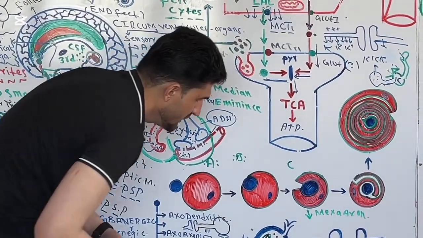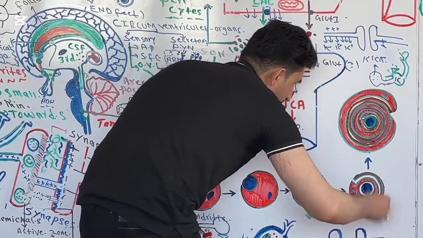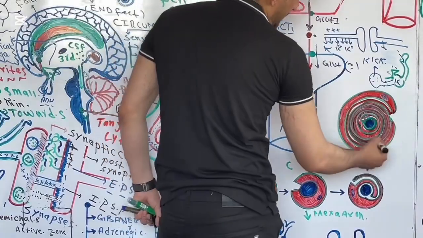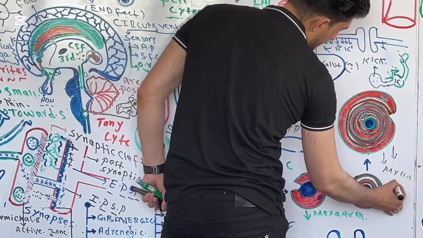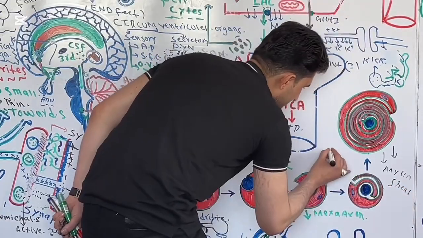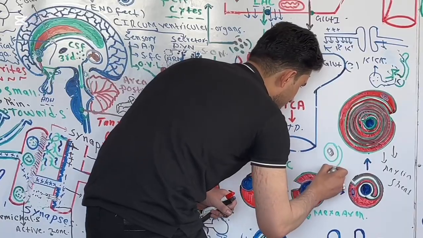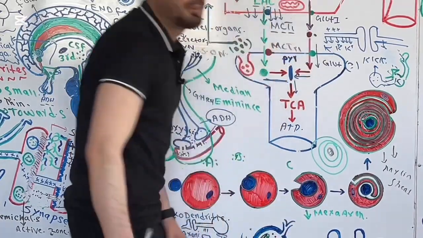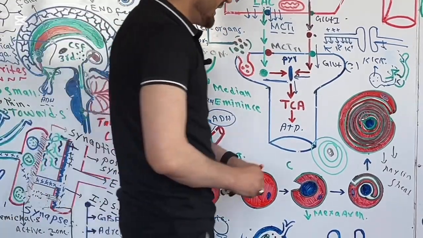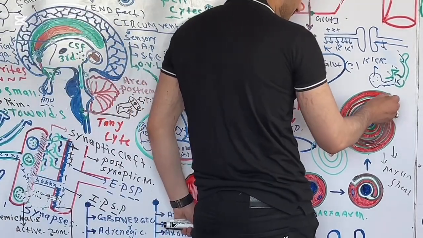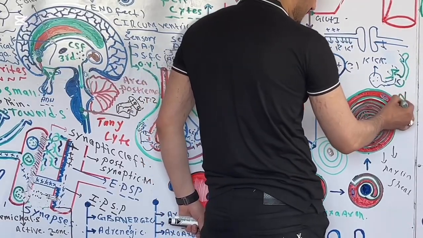Then they will make many layers, and they will turn so much, and each layer is called a myelin sheath. For example, this is an axon, this one turn is one myelin sheath, this another myelin sheath, and collectively this process is called myelination.